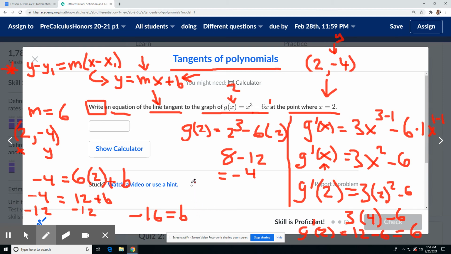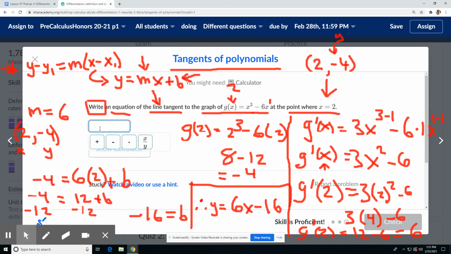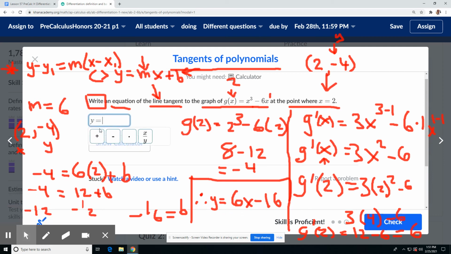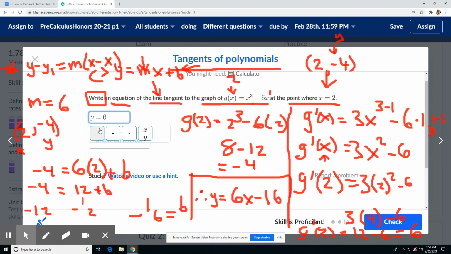Last step, rewrite it as an answer. Therefore, in more advanced math, we start using three dots to say therefore. Therefore, y equals, giving you what you asked for, m is 6, b is negative 16. y equals 6x minus 16.